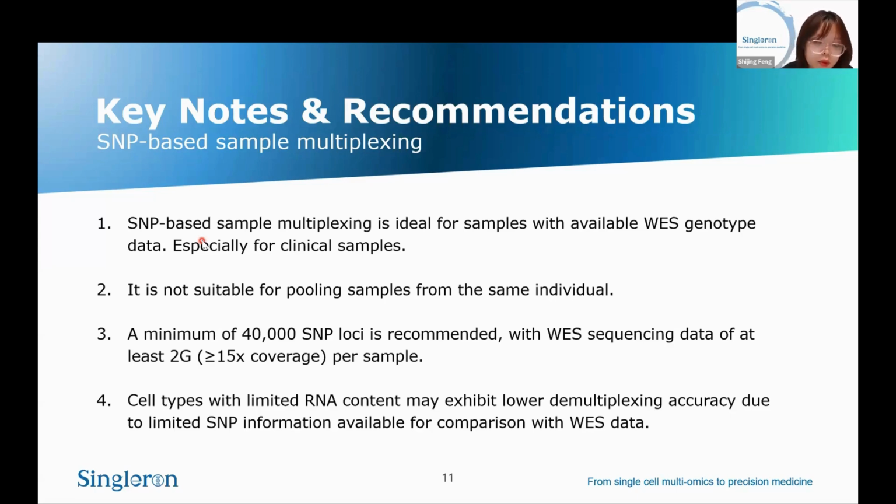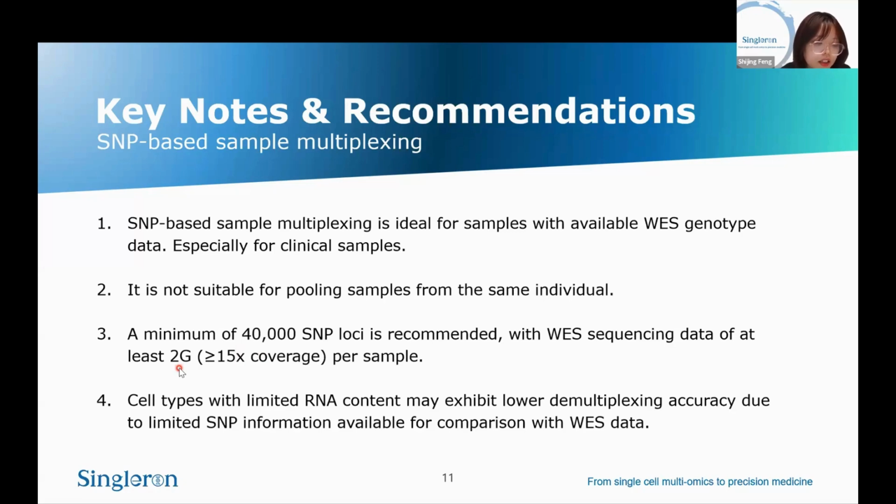And the SNP-based sample multiplexing can pool the genetically distinct samples to build a single library, and the demultiplexing process can be achieved using demultiplexing with accuracy over 90%. And WES is recommended as the genotyping reference data, and we should have at least 40,000 SNPs and at least 2G sequencing data for every sample.